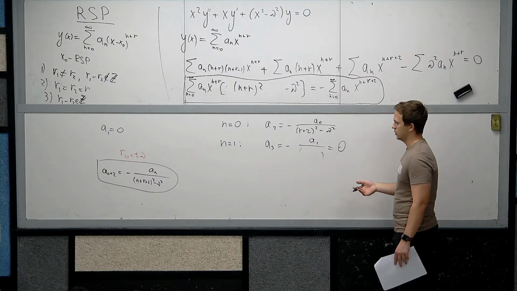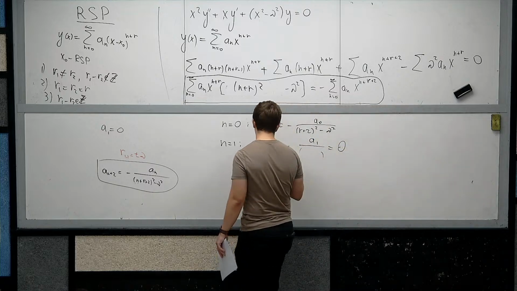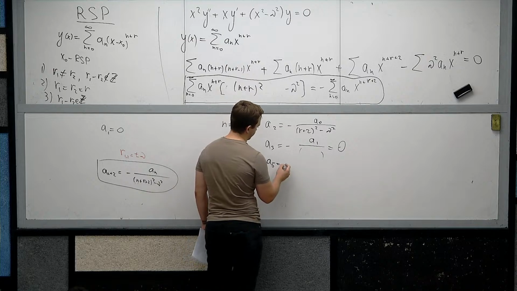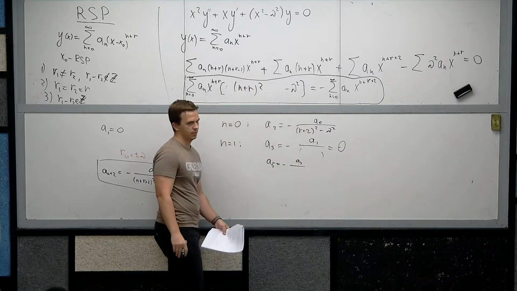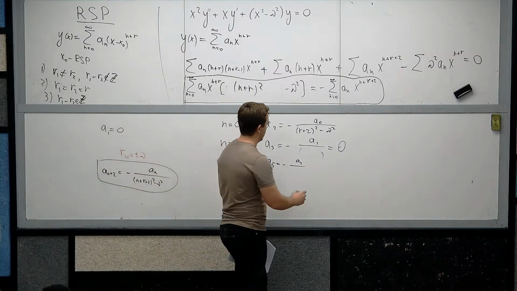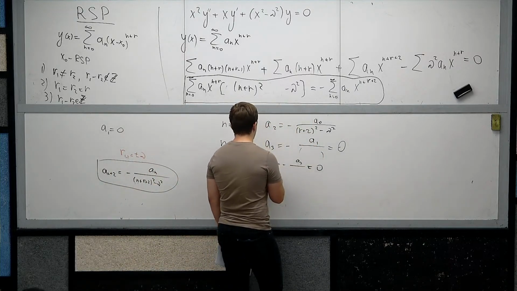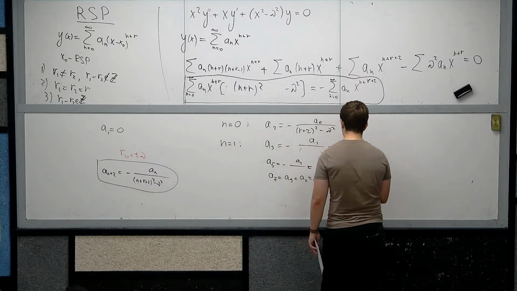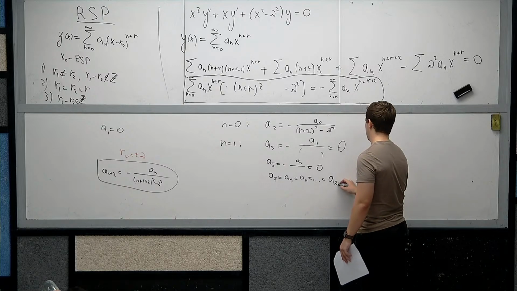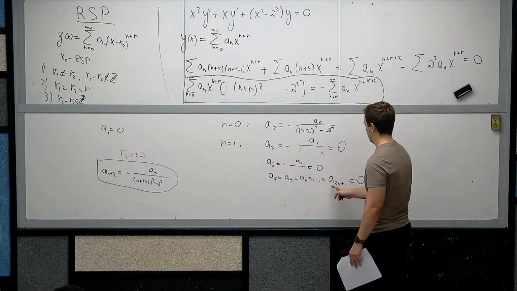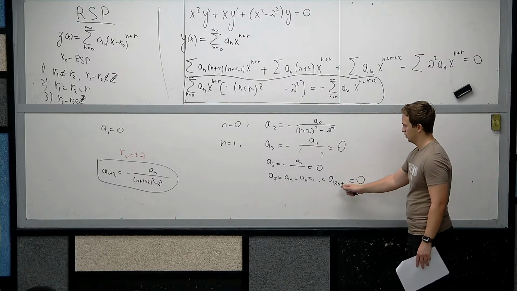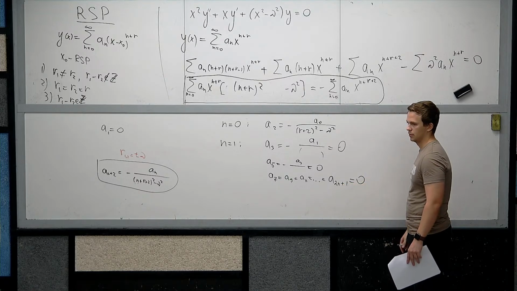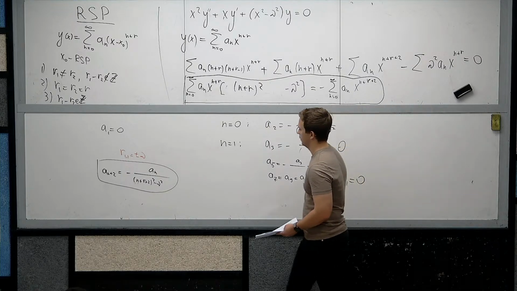And we can apply the same logic and say that because a5 is a3 divided by something, and a3 is 0, and the same for a7, a9, a11, and so on, if the index is odd, the coefficient is 0. Okay.